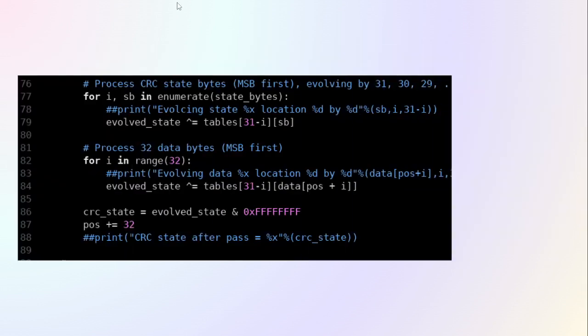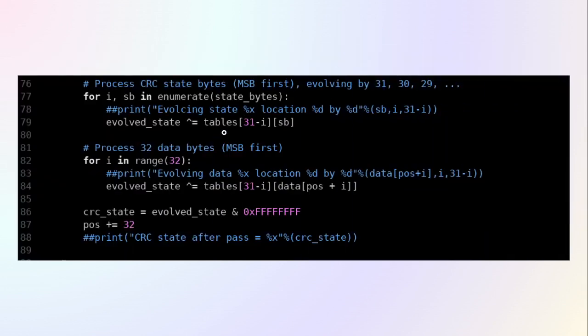And then the state bytes will evolve. So the first byte would evolve by 31, and then next by 30 bytes, next by 29, and next by 28 bytes.